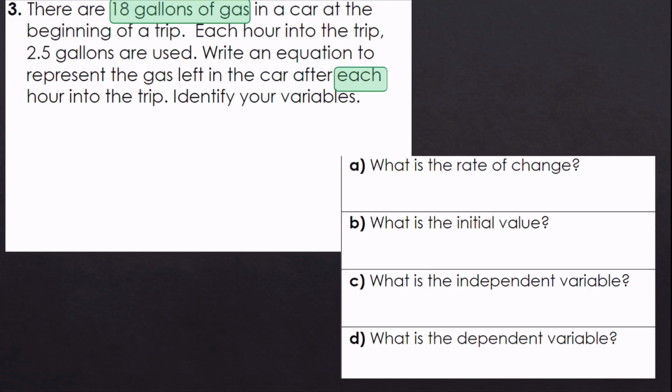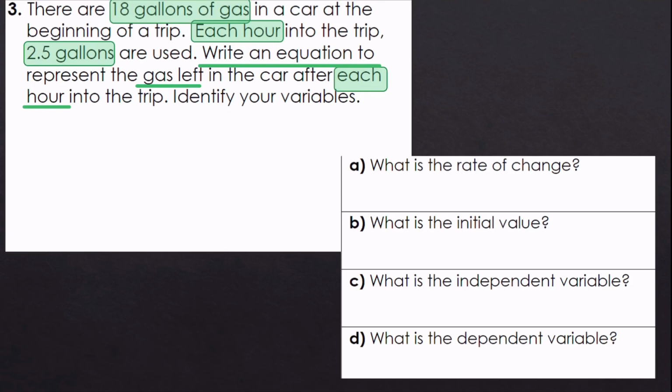Then each hour, and I'm highlighting constantly the words each hour, 2.5 gallons are used. So we're writing an equation to represent the gas left after each hour. The each is very big. That's why it's highlighted in multiple places, because it's being repeated.